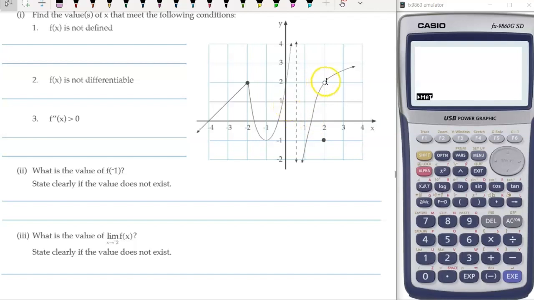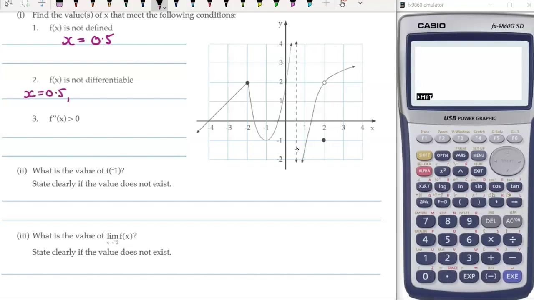You might be tempted to look and see a gap here, but we actually have this one down here that counts when x equals 2. So the only gap we really have is where this asymptote is. So that is when x is 0.5. f of x is not differentiable anywhere that there's a gap, so we can write down the 0.5 straight away.